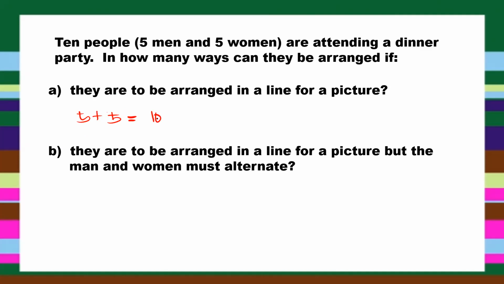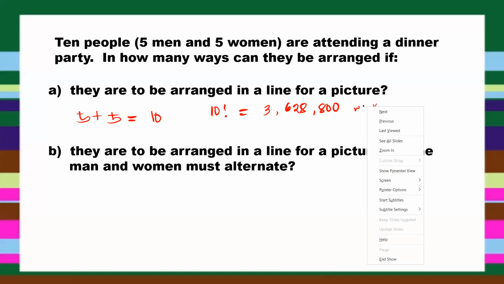So there are 10 people to be arranged in a line. So that is 10 factorial. And 10 factorial is equal to 3,628,800. So there are 3,628,800 ways for you to arrange 10 people.